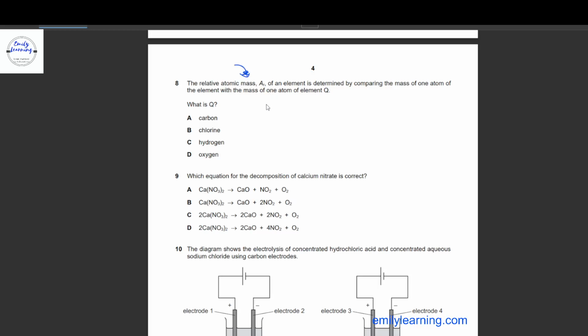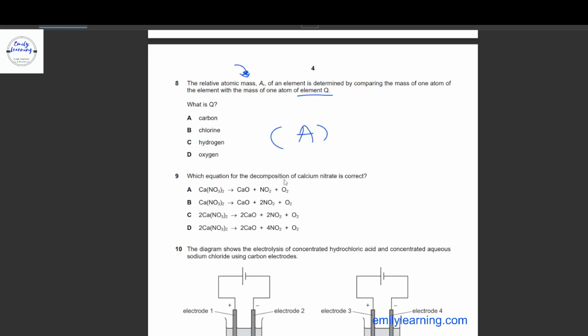The relative atomic mass of an element is the relative mass of one atom of that element to 1/12 the mass of one atom of carbon-12. So this element Q here is basically carbon, and specifically carbon-12. So 8 is A, and it's basically from definition.